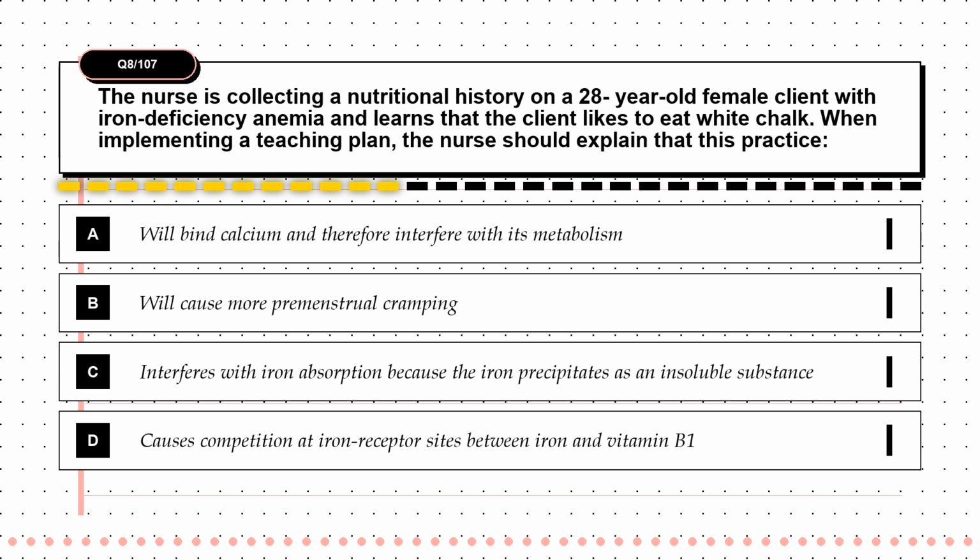Option B. Will cause more premenstrual cramping. Option C. Interferes with iron absorption because the iron precipitates as an insoluble substance. Option D. Causes competition at iron receptor sites between iron and vitamin B1.